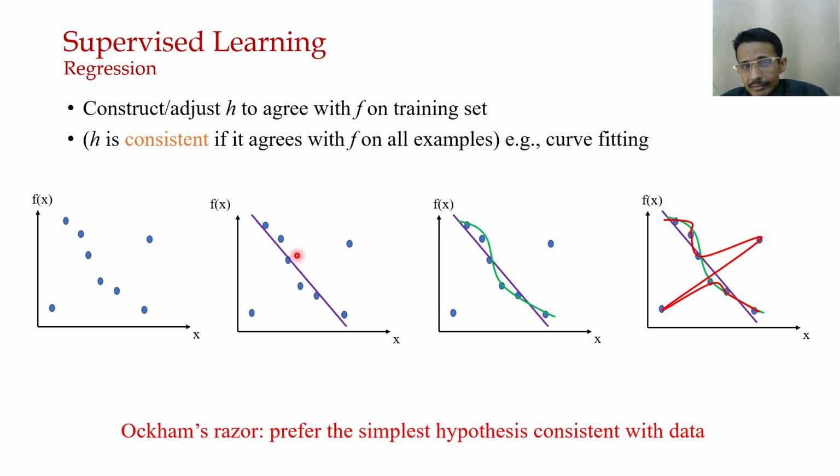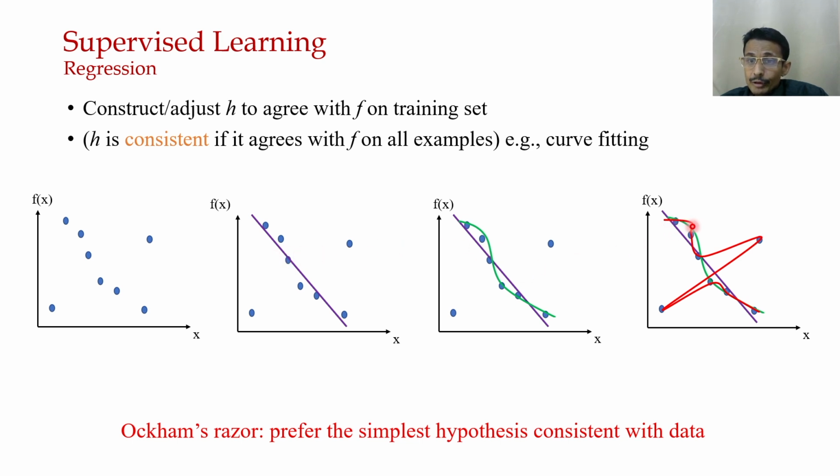But one thing we are trying to understand here is that the complexity of a straight line and the complexity of this curve are different. The mathematical equation representing the curve is more complicated than that of the straight line.